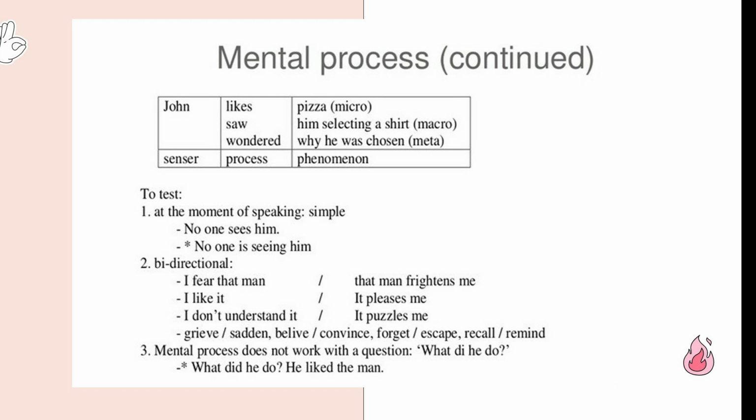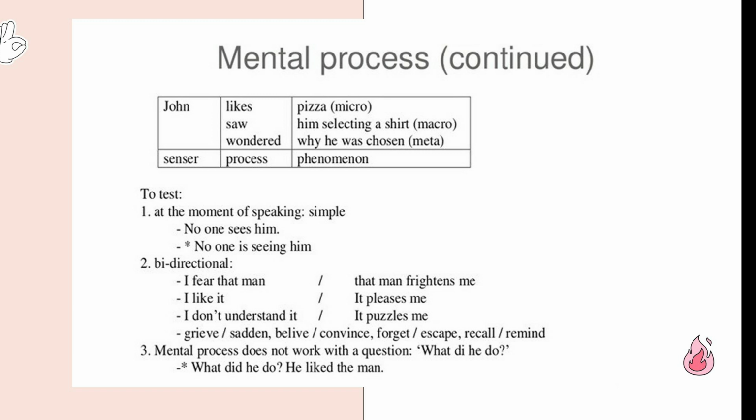So to test, the first one is that at the moment of speaking it is simple. For example, no one sees him, or no one is seeing him. And then the bi-directional. I fear that man, or that man frightens me. I like it, it pleases me.